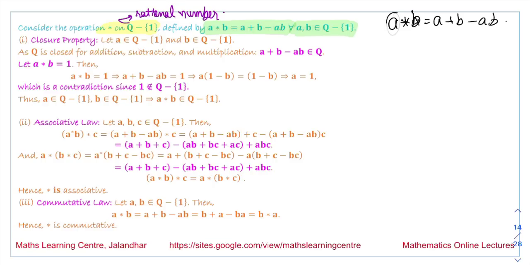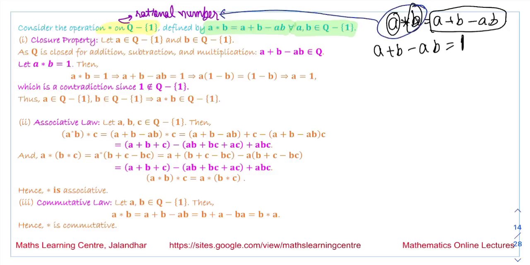One thing is clear, that if a and b are rational numbers except 1, then this number will be a rational number. We want to prove that this a star b is a rational number except 1. Suppose it is equal to 1, then what we get is a minus 1, that is equal to ab minus b, that is equal to b into a minus 1.